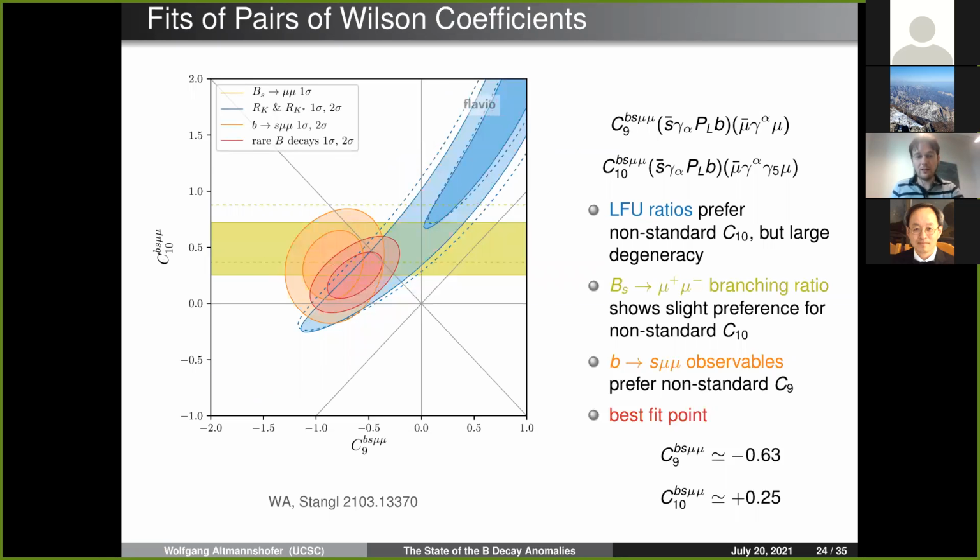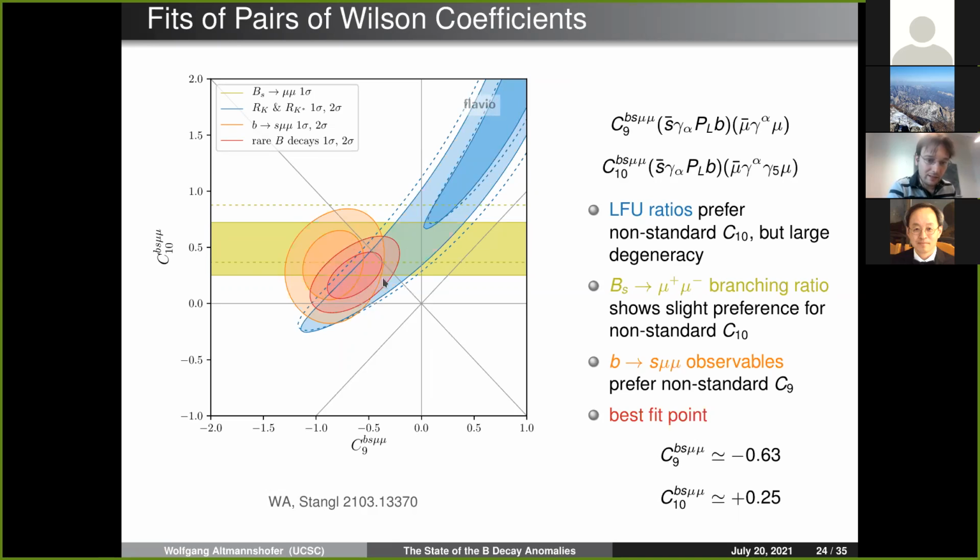And then if one looks at the various other measurements, the B_s to mu mu branching ratio gives this yellow band here. And then these various B to K* mu mu observables, the branching ratios and the angular observables, prefer this orange region here. And then the global fit is this red ellipse here with the corresponding central values quoted here.